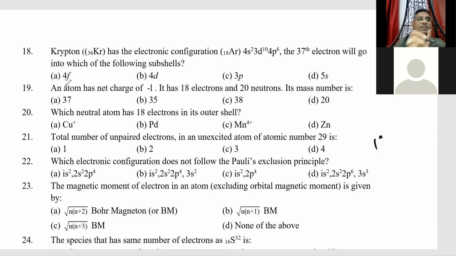You should not take this much time. See, 18 electrons in its outer shell. Should I start?